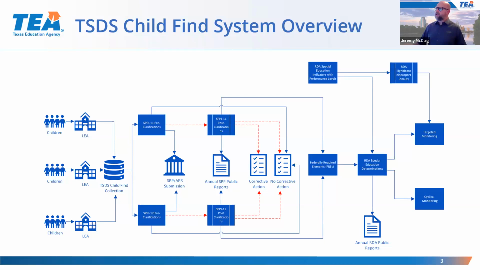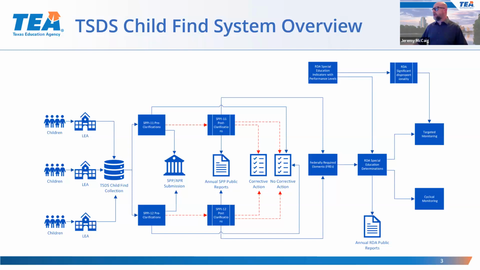And so going forward from there, those compliance elements then feed into the federally required elements, which are measured at a little different bar, at 95% or above. But then that goes into our results-driven accountability system at the state level. And so those determinations are made. We look at those performance levels.